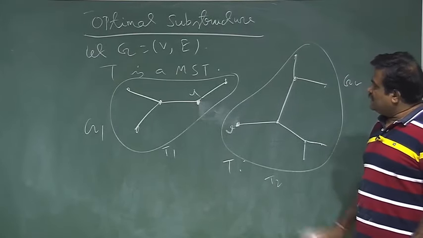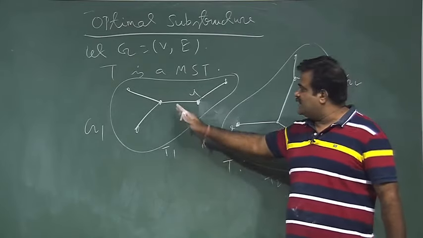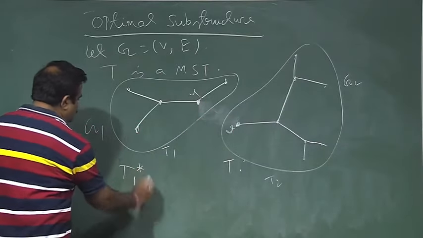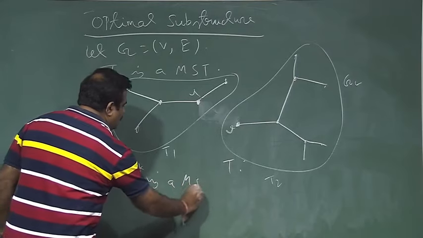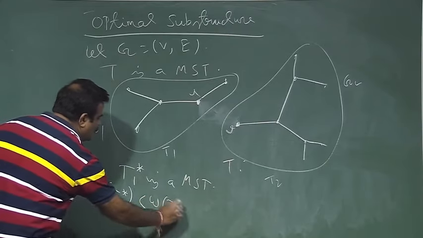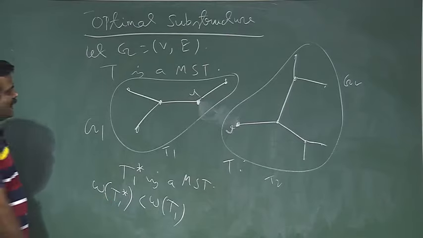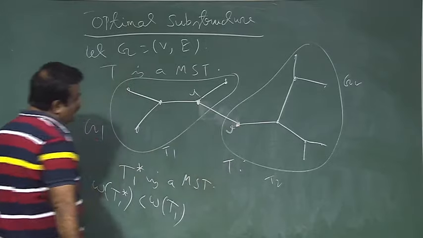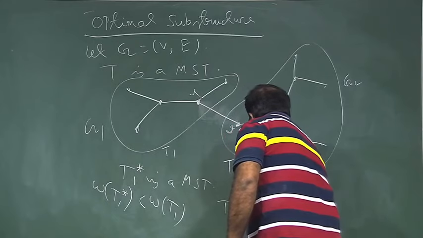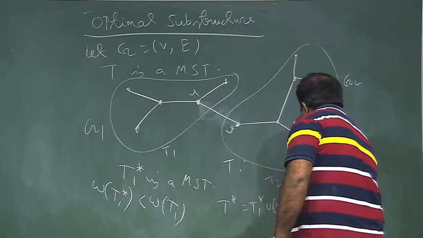To prove that, let us suppose it is not. Suppose T1 is not a minimum spanning tree of G1. That means there is another tree, T1 prime, which is a minimum spanning tree of G1. So the weight of T1 prime must be less than the weight of T1. We take that T1 prime, and we take this edge UV, and we take T2. So we form this new T star, which is T1 prime union UV union T2.